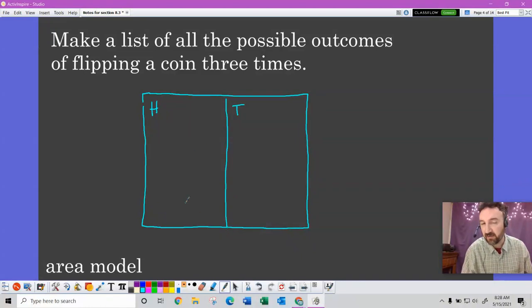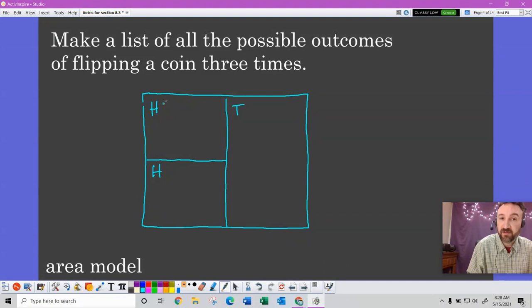So this entire area on the left is heads on the first flip. And I could take that area, with getting the heads on the first flip, and split that into 2 equal pieces. Each of those areas is going to have heads on the first flip.